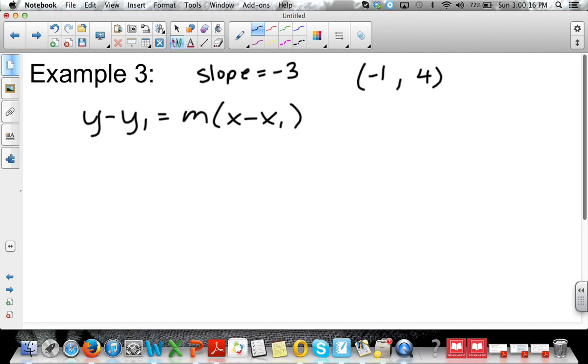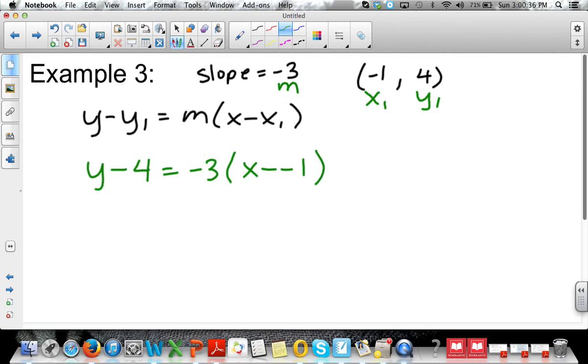Okay, and then plug everything in. So m is negative 3 here, x1 is negative 1, y1 is 4. So now plug it all in. Make sure you keep your negatives, especially in here, x minus a negative 1.